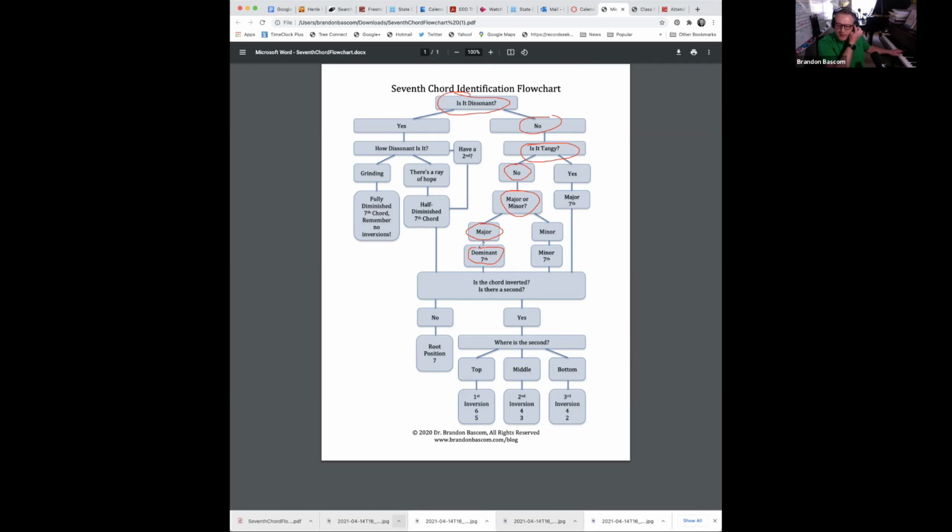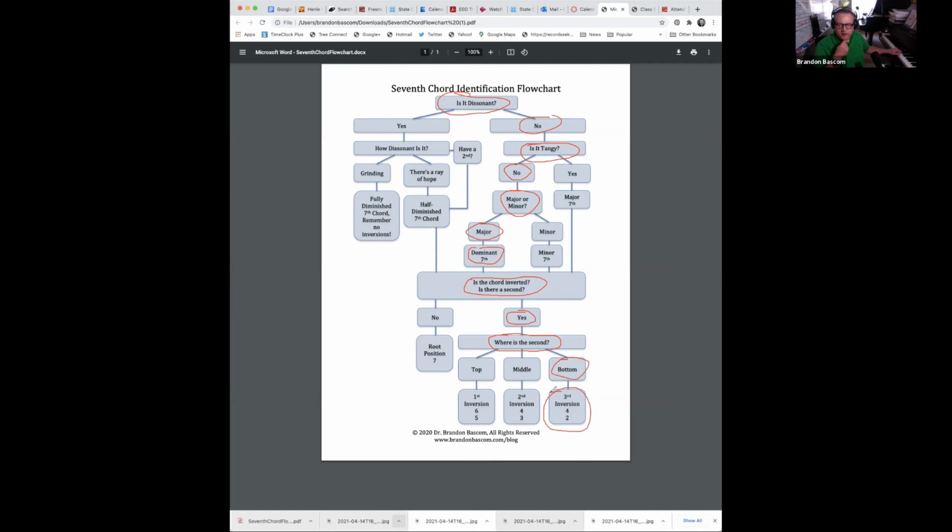So we now know it's the dominant seventh, but what inversion is it in? Is there a second? Where is the second? This is the $1 million question. Good, Skylar. Where's the second? Second's on the bottom. We're in third inversion.